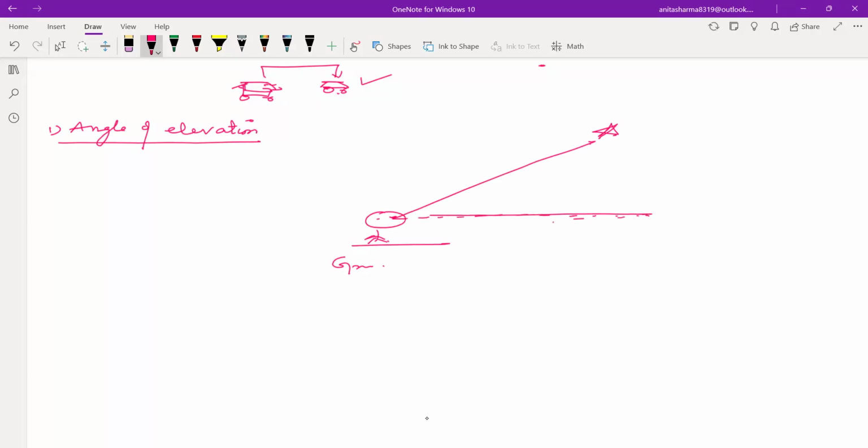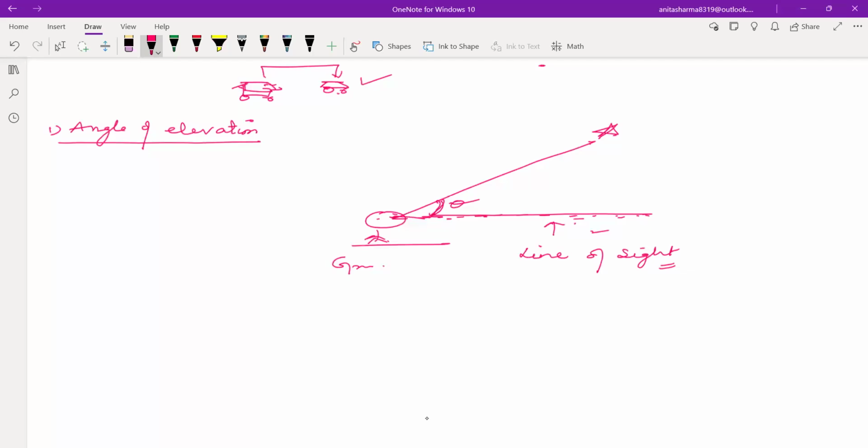This horizontal axis is termed as line of sight, and in physics, this is known as the normal. In the light chapter, I guess you are studying this, where angle of incidence and angle of refraction are there. So we will treat the line of sight as the normal ray. So the angle made by the girl with the horizontal axis is the angle of elevation.